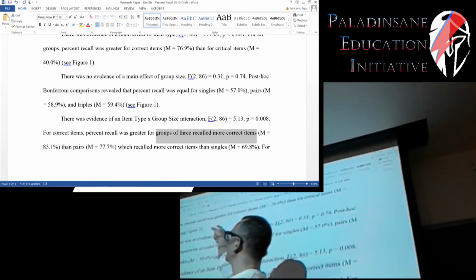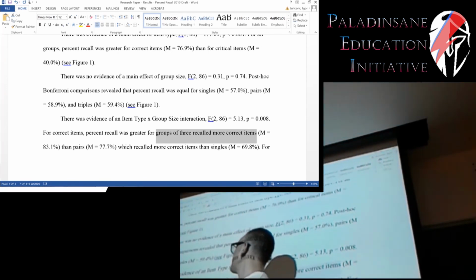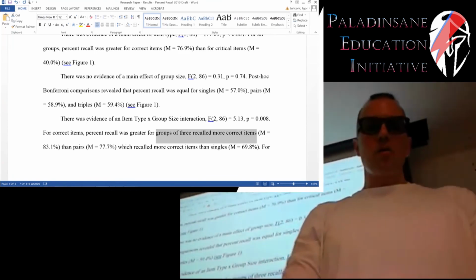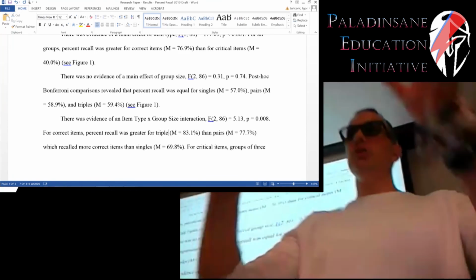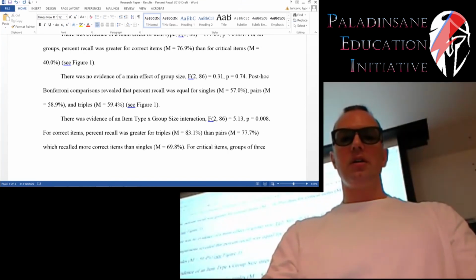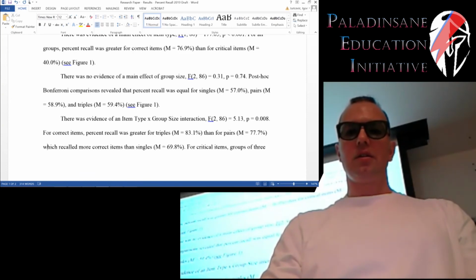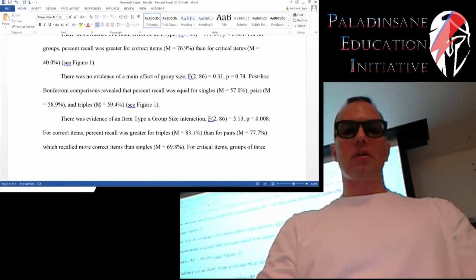I took the same thing that we had up here, percent recall was greater, and I just put it down here. For correct items, percent recall was greater for, we're calling these triples, so let's use that consistently. Was greater for triples than for pairs, which were called more correct items than singles.